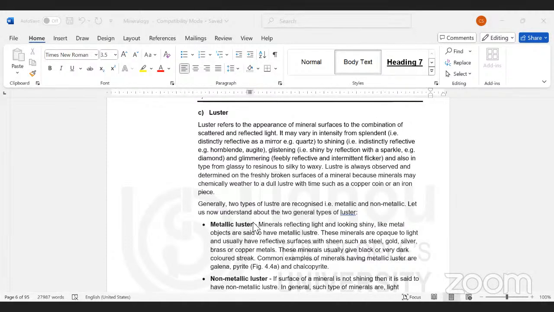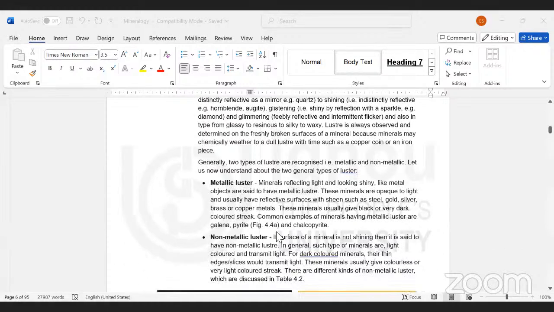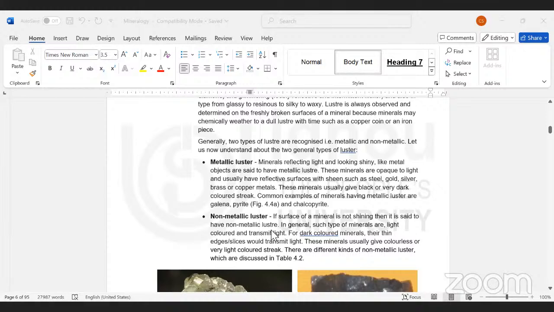Sometimes we are unable to see the shining. So according to these properties, we will always see two types of luster. One is metallic luster, and the second one is non-metallic luster. Sometimes we will call them vitreous and sub-vitreous luster also.